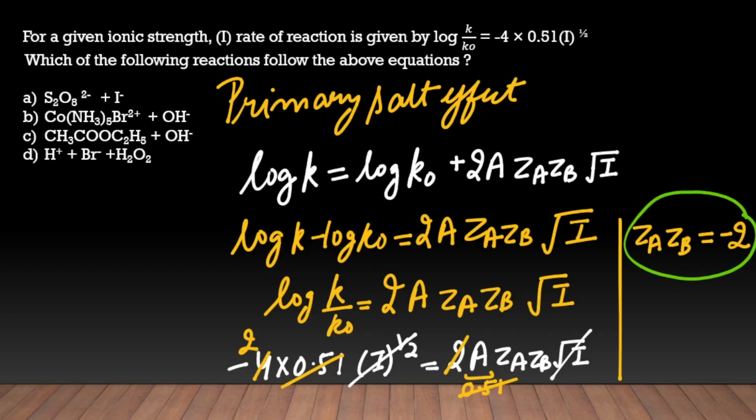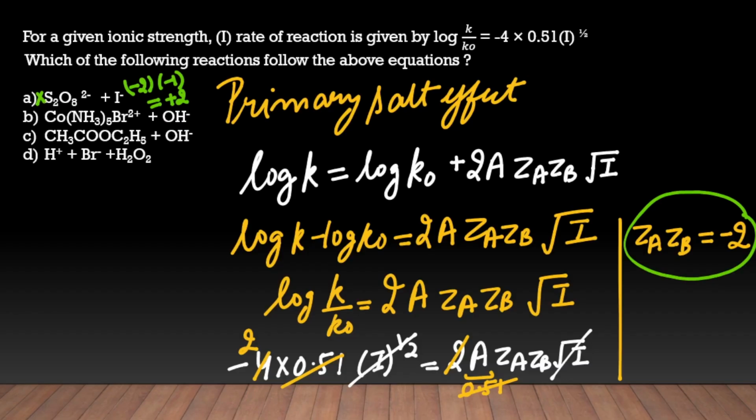Okay, so in option A, it is S2O8 2 minus and I minus. So the charges are minus 2 and minus 1, which is going to give the product as plus 2. So we need minus 2. So this can't be our answer.